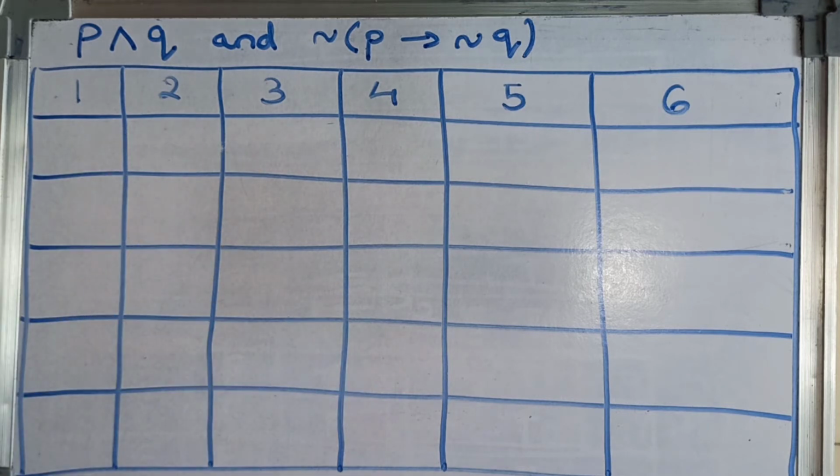So this is the kind of truth table that we draw, and here we have numbered all the columns.